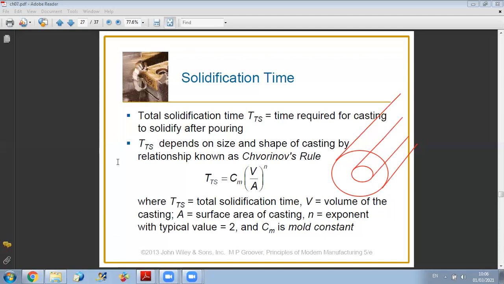So in this example, if you want the surface area of casting, let's call this the outer diameter, and this the inner diameter, and let's say they gave us the length L. So we have L, the outer, and the inner.